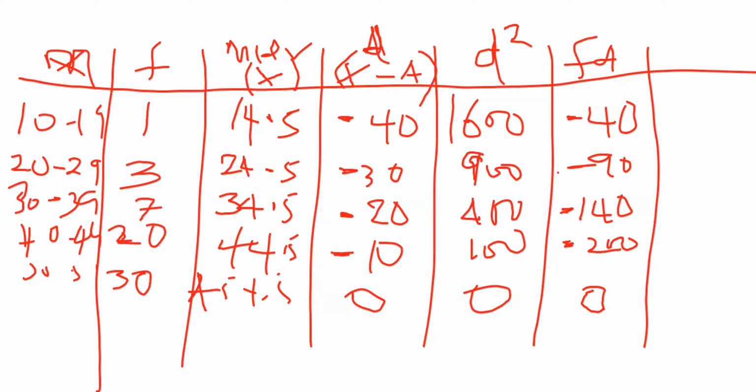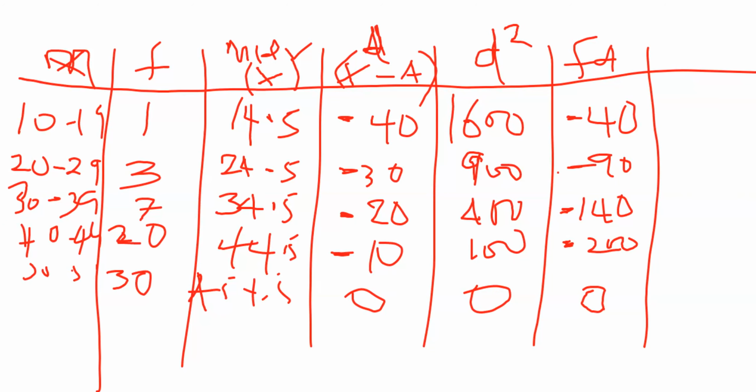So what I did was F times D. 1 times minus 40 is minus 40. 3 times minus 30 is minus 90. 7 times minus 20 is minus 140. 20 times minus 10 is minus 200. 30 frequency times 0 is 0.